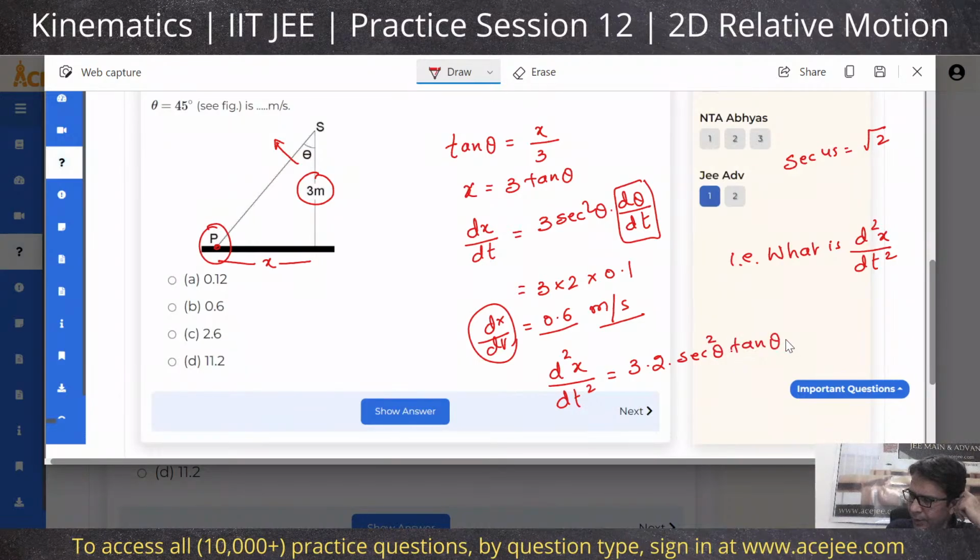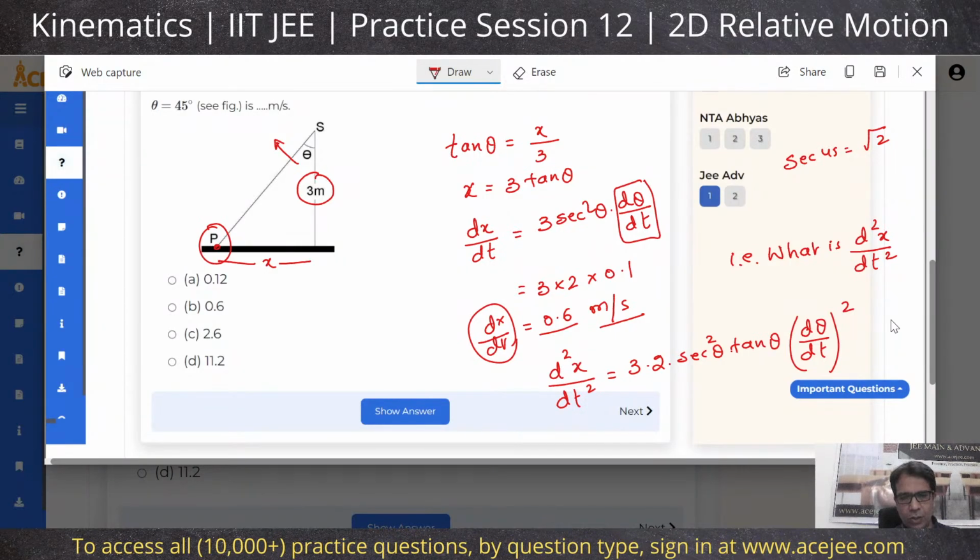If you differentiate secant theta, you get secant theta times tan theta into d theta by dt. That means you get d theta by dt squared, because there was a d theta by dt already there. The second term, which is differentiating d theta by dt with time, will be 0 because the rate at which theta is changing is constant.